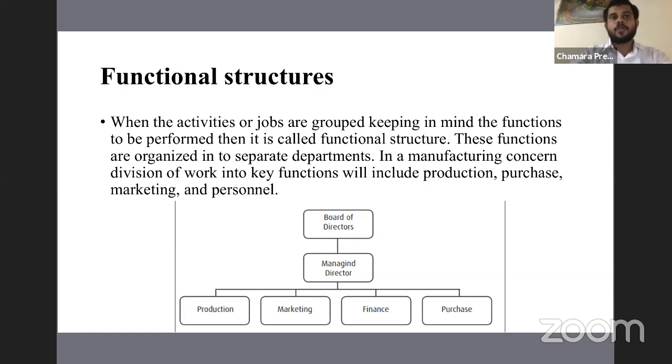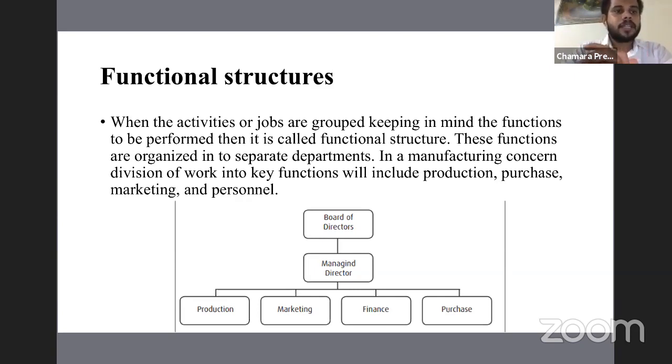When the activities or jobs are grouped, keeping in mind the functions to be performed, then it's called a functional structure. These functions are organized into separate departments in a manufacturing concern.